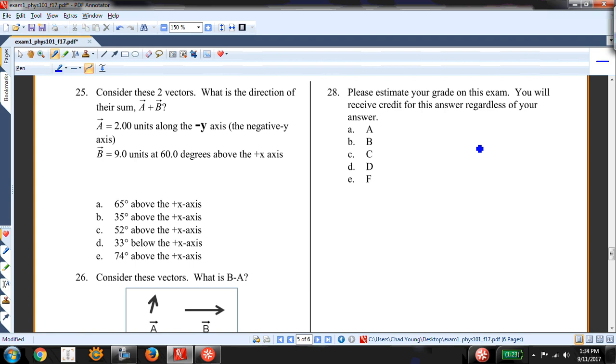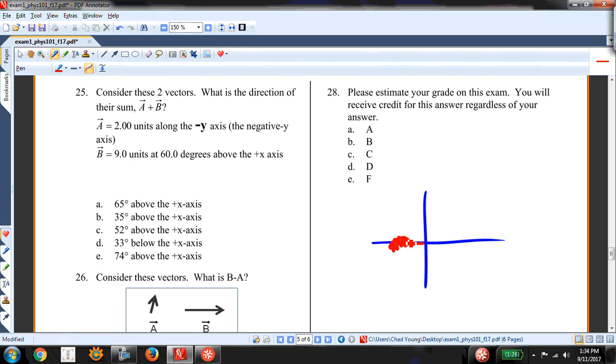Consider these two vectors. What is the direction of their sum, A plus B? Okay, so let's draw a picture. 2 units on the negative y-axis. And then, oh, sorry, that's not what I wanted.